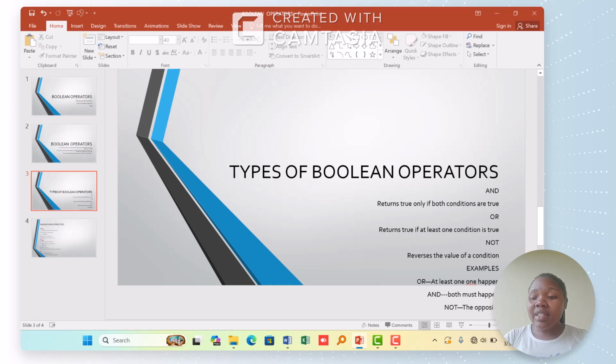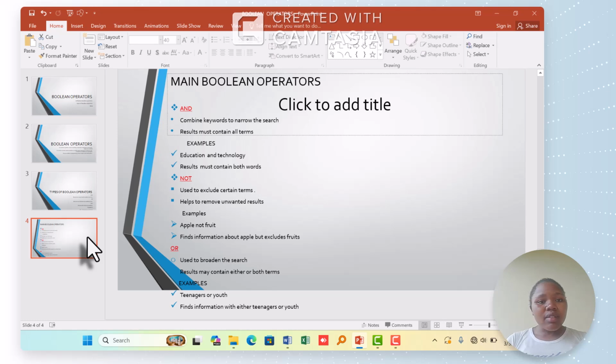This one only tells us the opposite of the other. It means if this one is not going, the other one is not going. It means the opposite of the other. So we are going to see the main Boolean operators. These are mostly the examples.